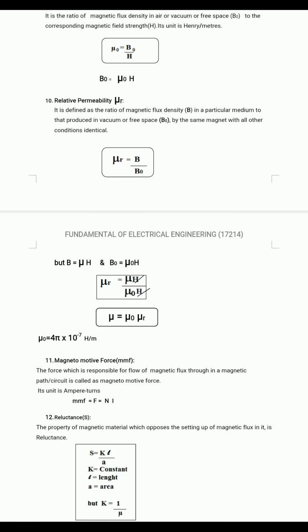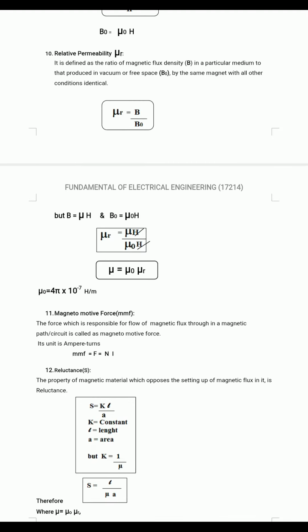So we can calculate it by the formula S equals K into L divided by A. Here K is the constant, L is the length, and A is the area. But K is always equal to 1 upon mu, where mu is the permeability.